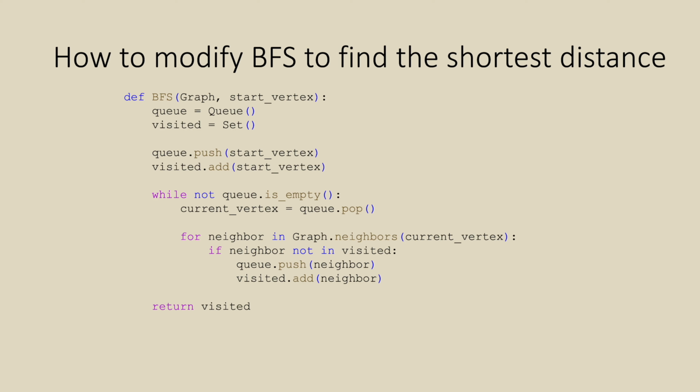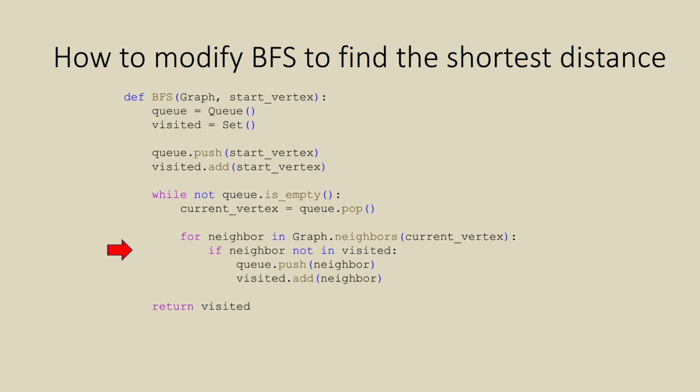Since we are looking at the simpler question where we only need to find the distance between two vertices, the modification is relatively simple. In the code where the arrow points to, when we traverse the neighbors of the vertex that we pop from the queue, we know that these neighbors should be one level lower than our current vertex because they are adjacent to our current vertex.